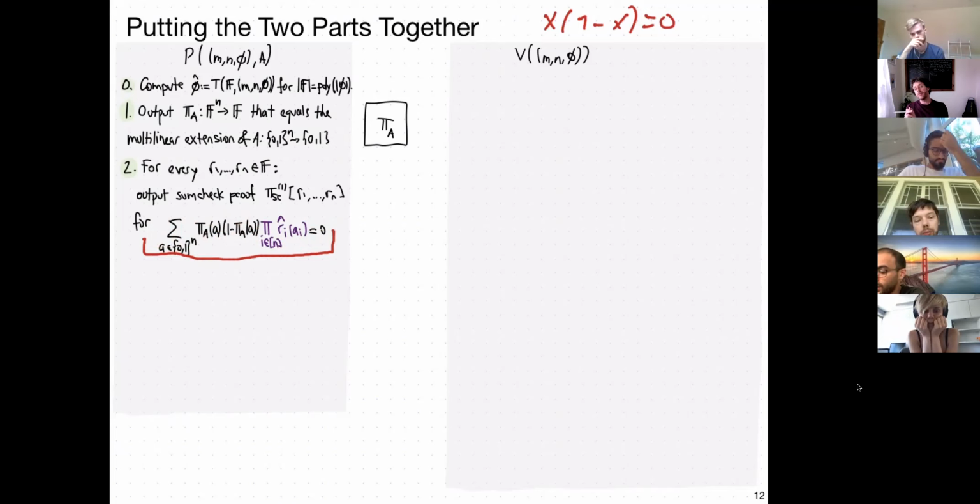But whenever the assignment is not Boolean, x times 1 minus x could be any element of the field, maybe minus 7, and then another element can cancel it in the sum. So by summing over this condition, I'm not guaranteed at all that everything is Boolean. I don't want to check that the sum over the hypercube is 0. I want to check that every element in this cube is 0.